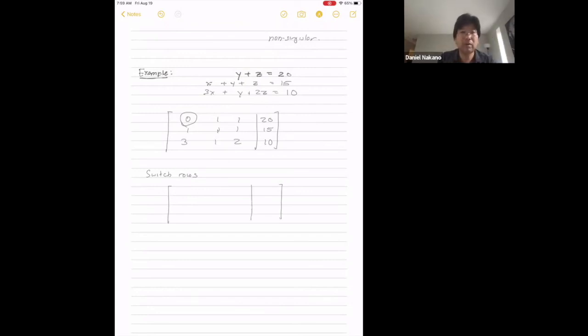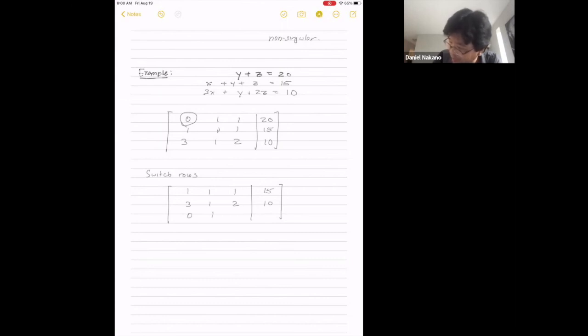Okay, so let's put the second row at the top. So I'm just going to move this to the top. So 1, 1, 1, 15, okay? And I'm going to move the third row up, like this. And since I have a 0 already, I won't have to do much work if I put it in either the second or third row.